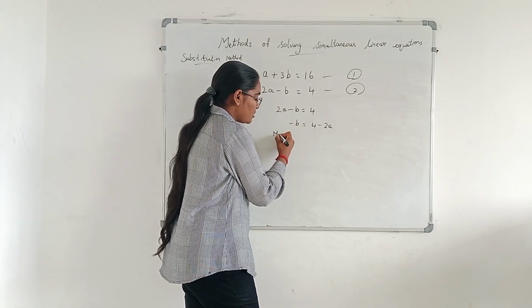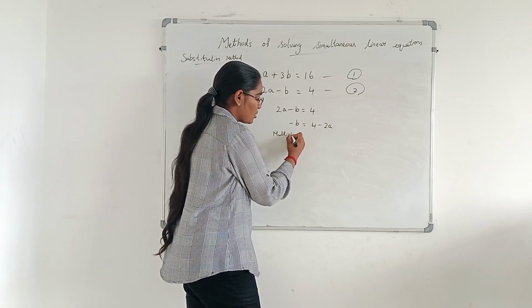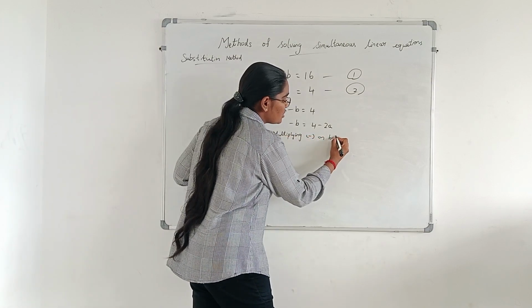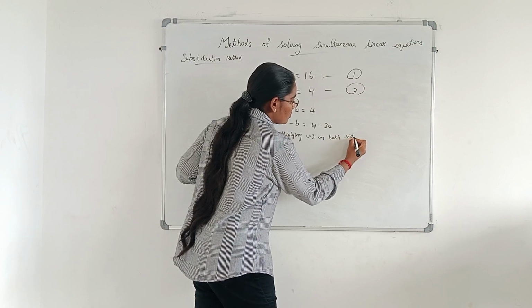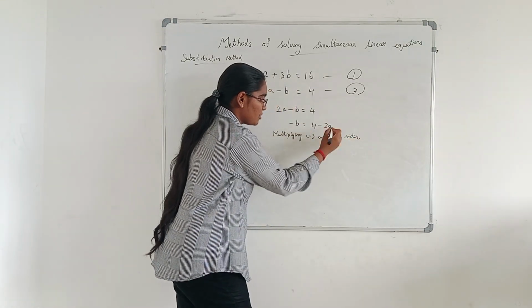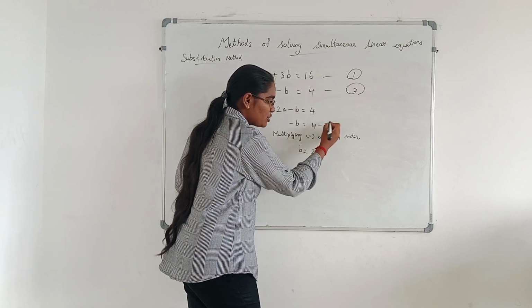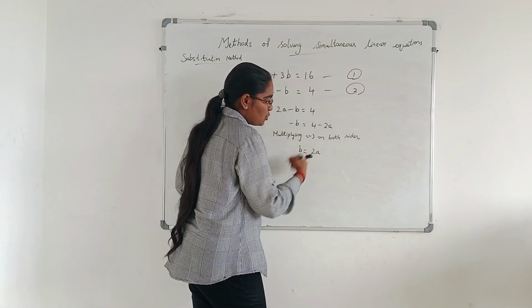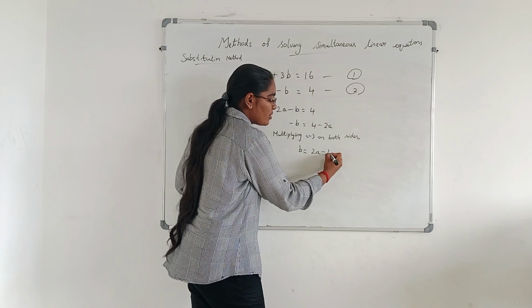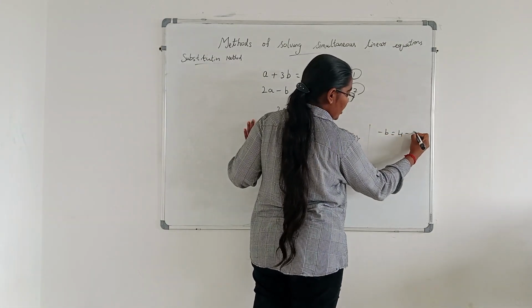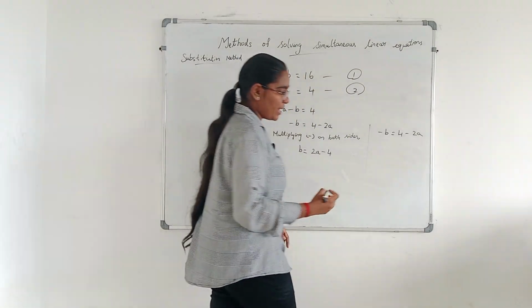By multiplying minus on both sides, this minus b will become plus b, this minus 2a will become plus 2a, and this plus 4 will become minus 4. Because minus b equal to 4 minus 2a, by multiplying minus on both sides.